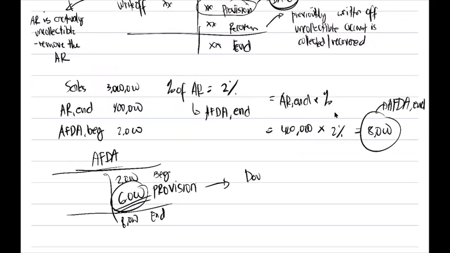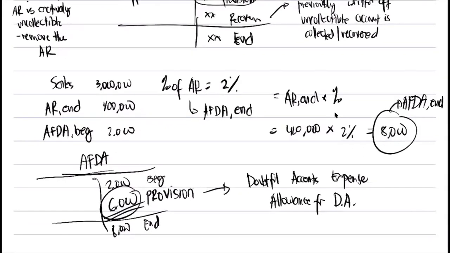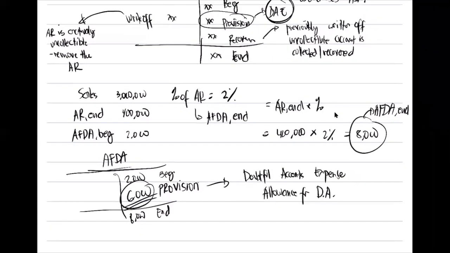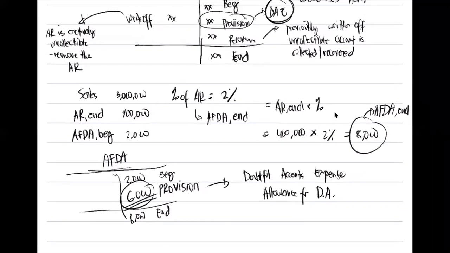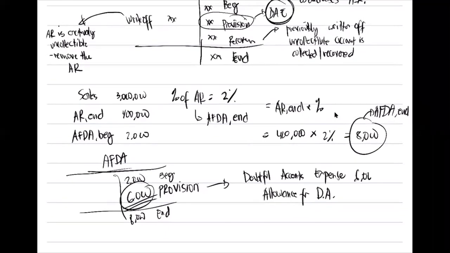Debit, doubtful accounts expense. Credit, allowance for doubtful accounts, amounting to 6,000, the value computed as your provision.